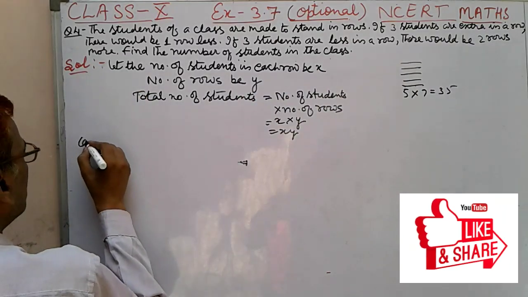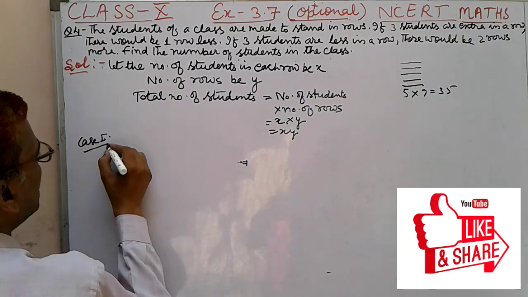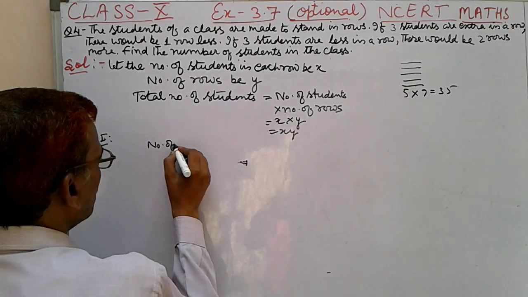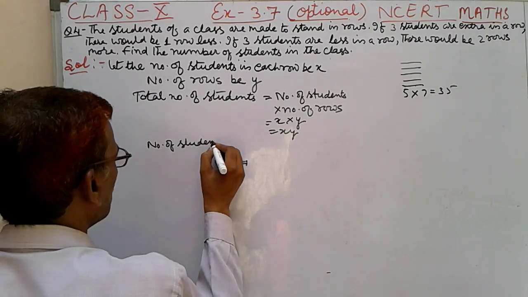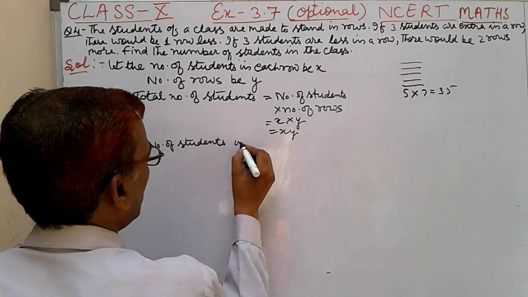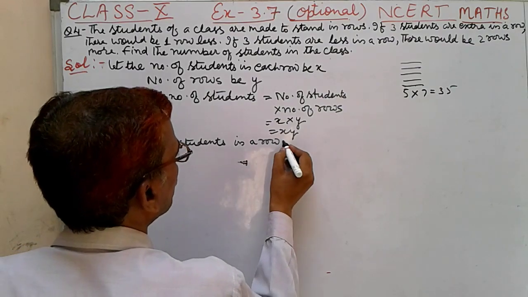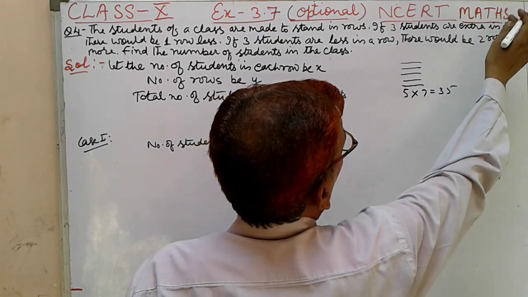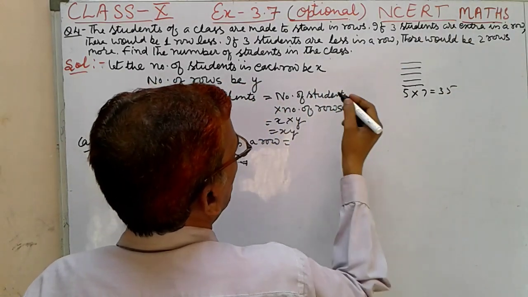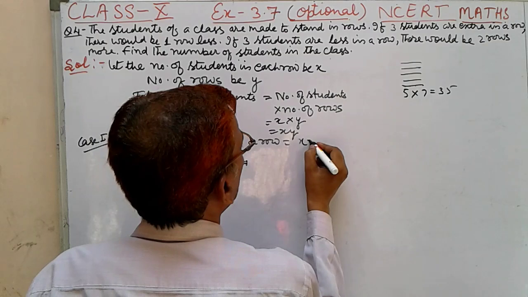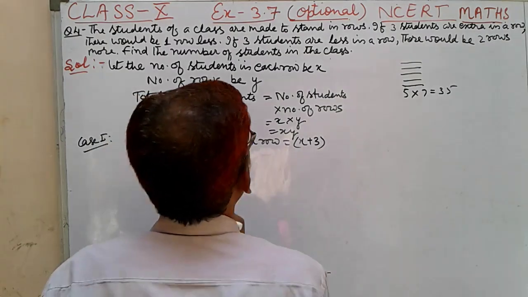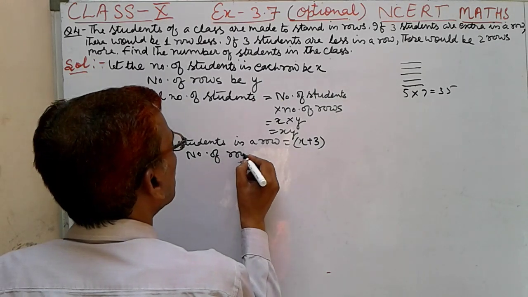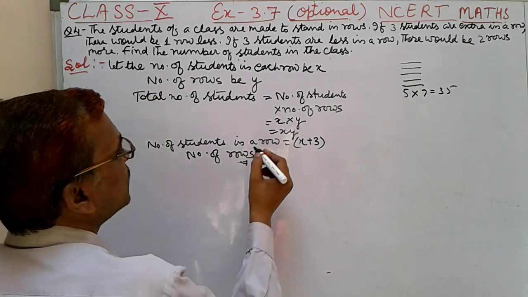Here is case number 1. Number of students in a row: if 3 students are extra in a row, the number of students is x plus 3. And how many rows will there be?